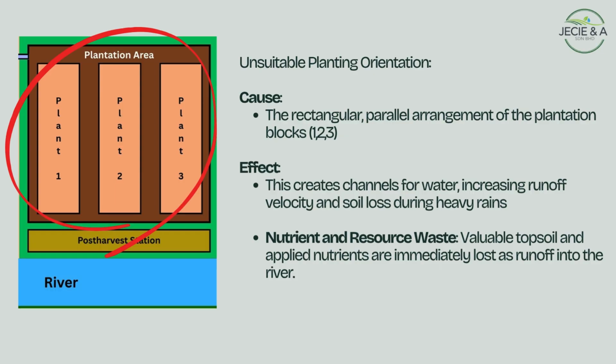This also causes nutrient and resource wastage, where the valuable topsoil and applied nutrients are immediately lost as runoff into the river. This represents a waste of resources and negates the effort of creating a closed-loop nutrient cycle.